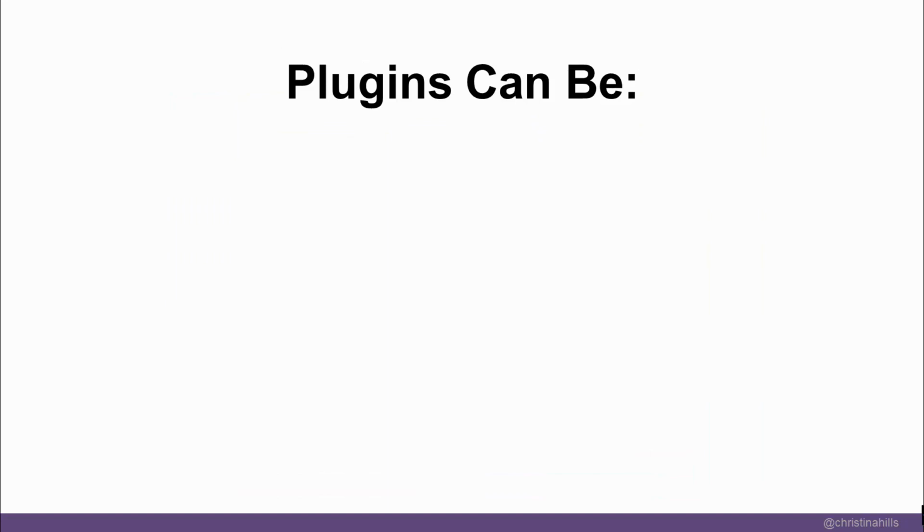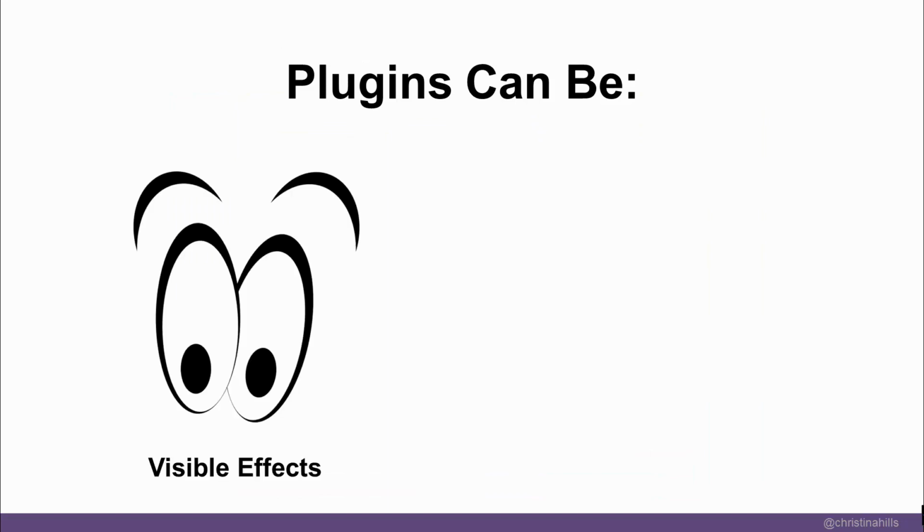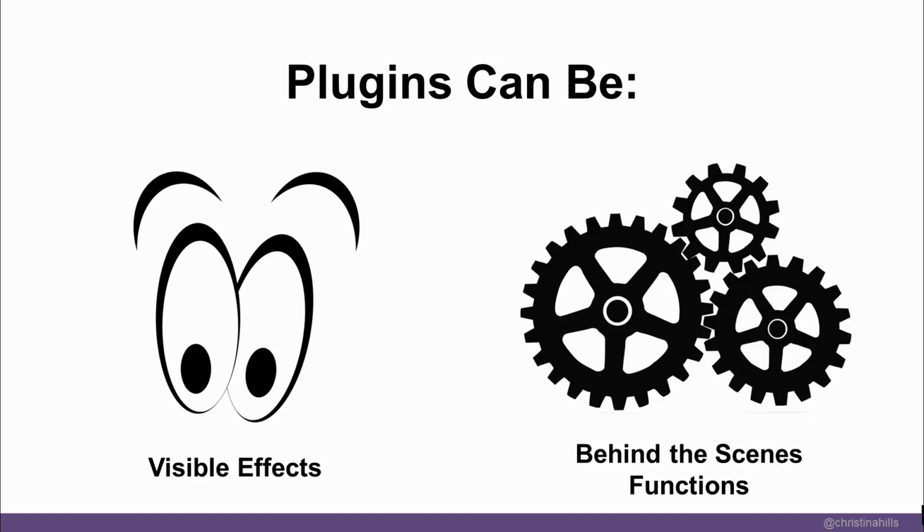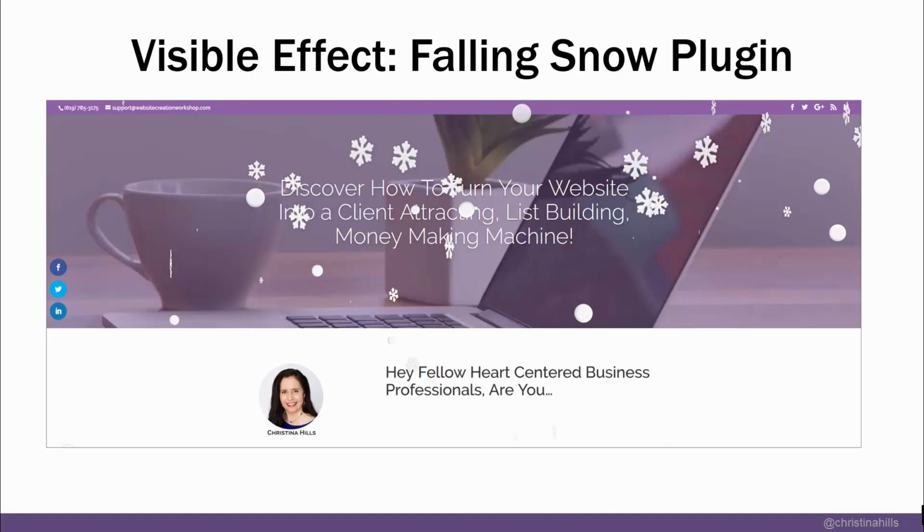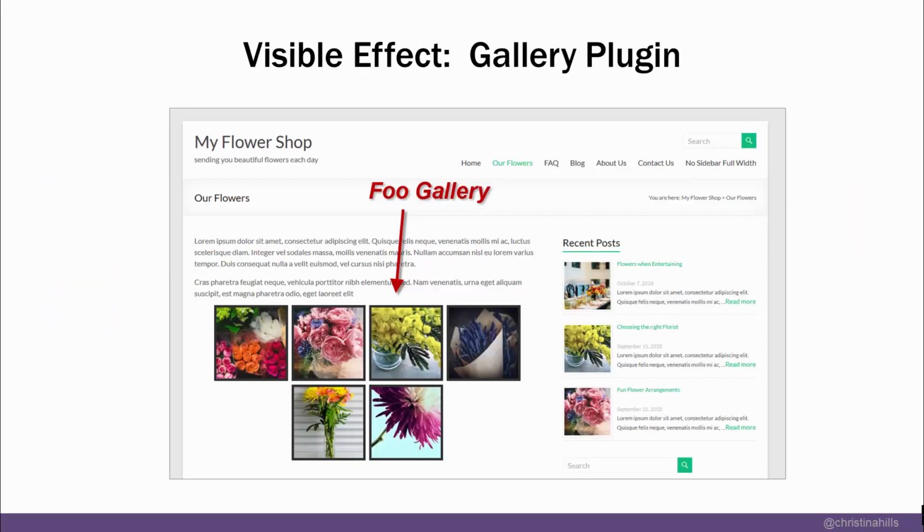WordPress plugins can be visual with visible effects, or they can be behind the scenes functions. Let me give you a couple of examples. A visible effect might be falling snow. You've probably seen that sometimes, people have snow on their website during the holidays.